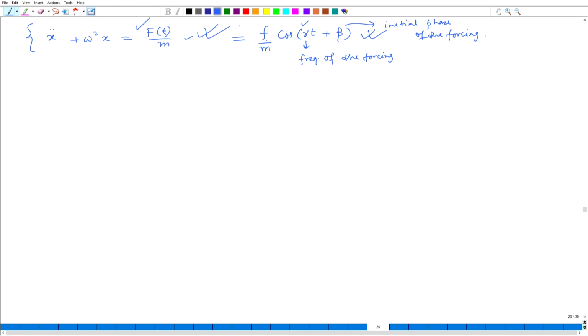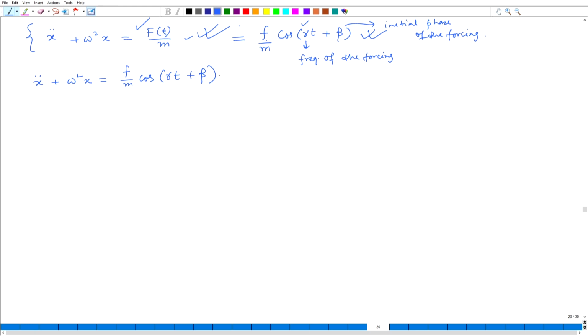So, if you now write this and you say that I have to find a particular integral of this equation, then what to do? Of course, there is a small challenge.